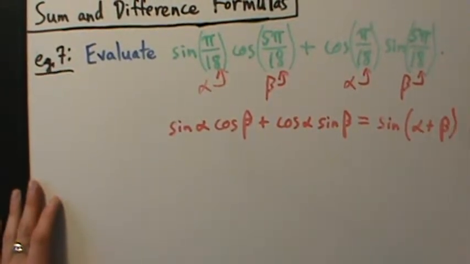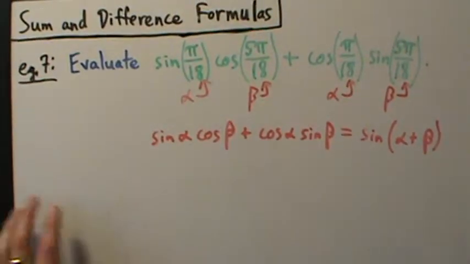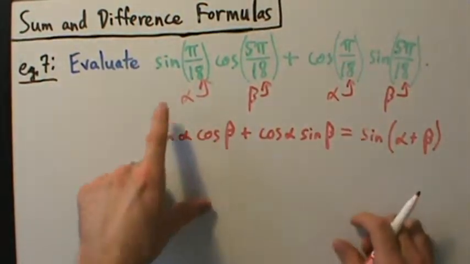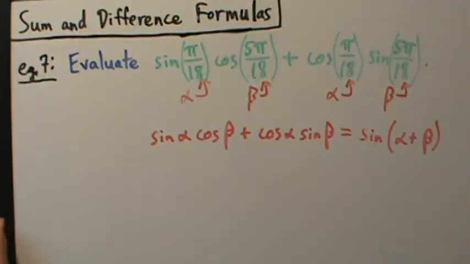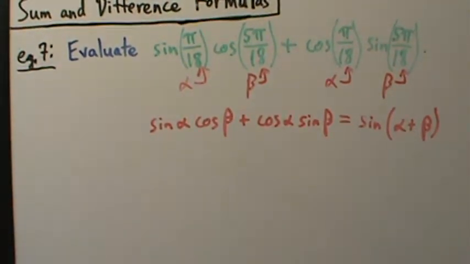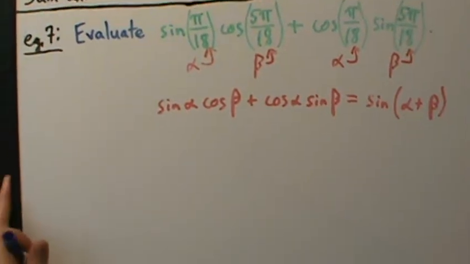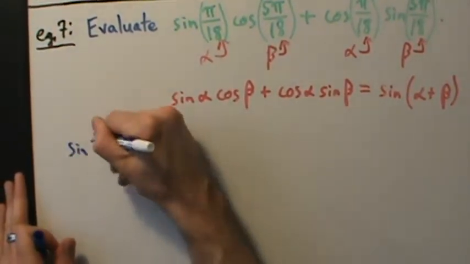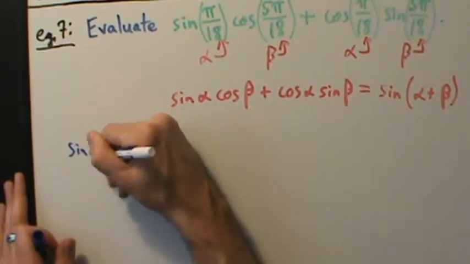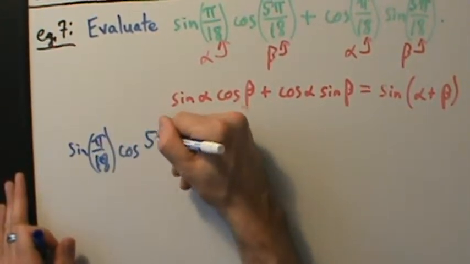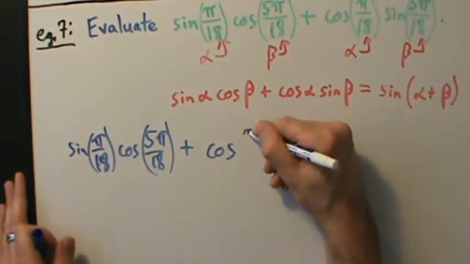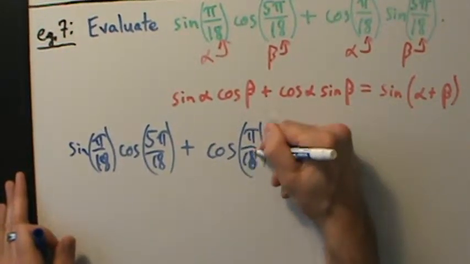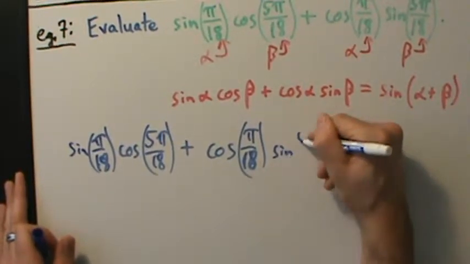Sine of alpha plus beta, so that is what this is up here: sine of alpha cosine of beta plus cosine of alpha times the sine of beta. So the expression equals sine of pi over 18 times the cosine of 5 pi over 18 plus cosine of pi over 18 times the sine of 5 pi over 18.